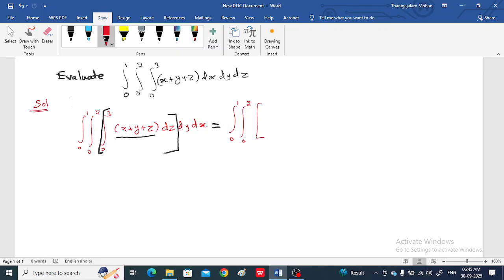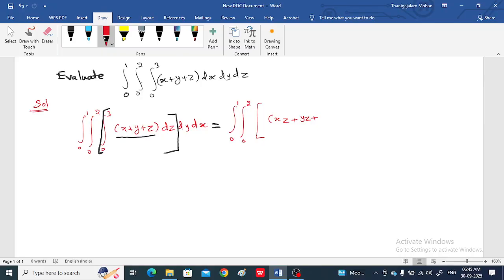Now I will integrate x plus y plus z with respect to z. It has three terms. We are going to integrate this in a single step. Since x is independent of z, if you integrate this you will introduce z. y is also independent of z, therefore we need to add yz.